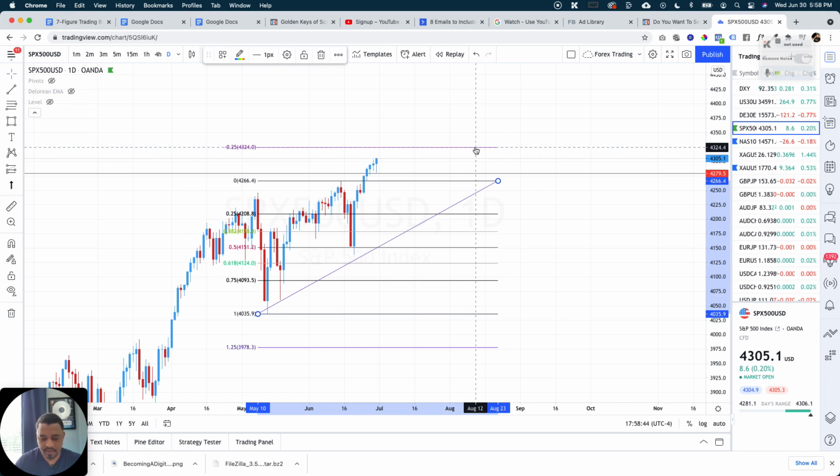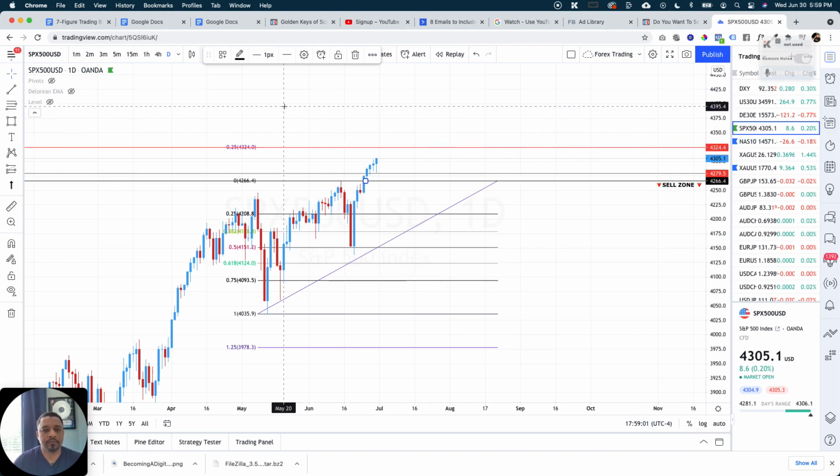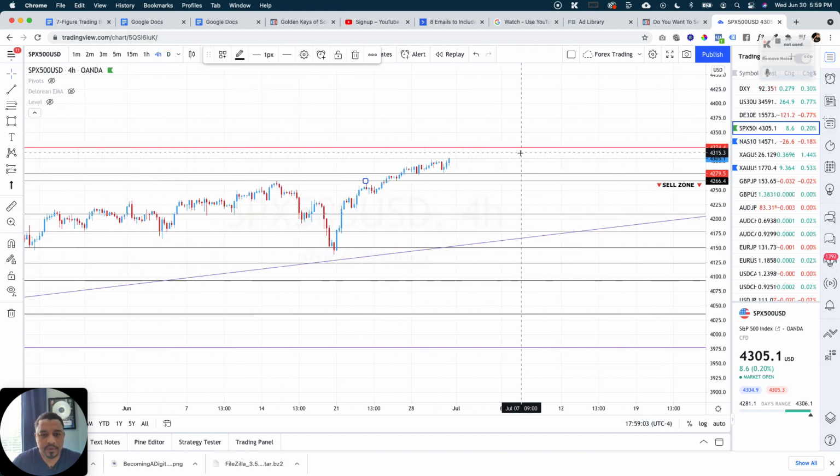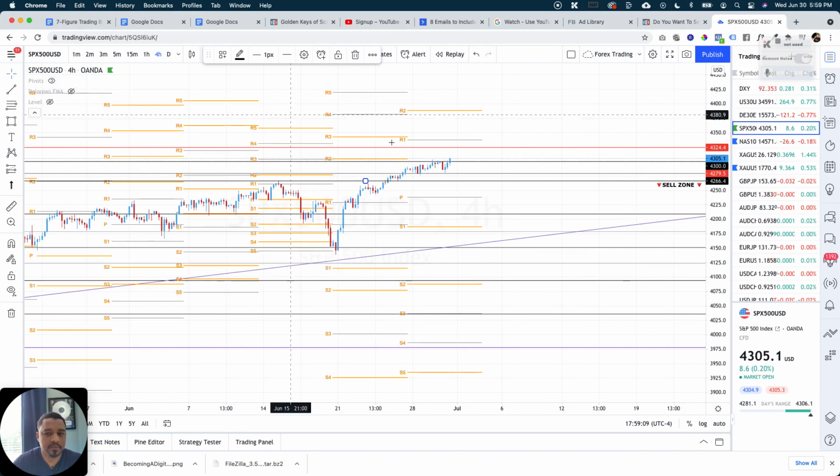So here's the target. This will be a sell zone. Pivot. Yep.